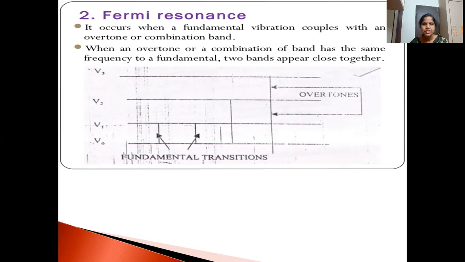In those vibrational energy levels, there are rotational energy levels also. Because of these transitions, IR spectra is also known as vibrational and rotational spectroscopy. When it is absorbing IR radiation, you can see the transition from V0, that is the ground state vibrational energy level, getting excited to the first excited vibrational energy level, that is V1.